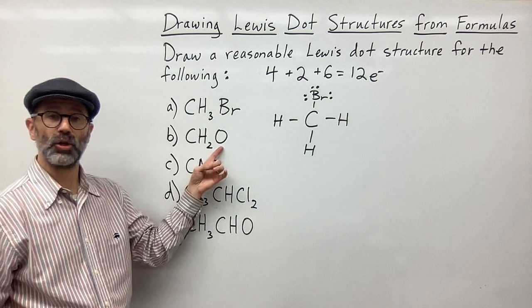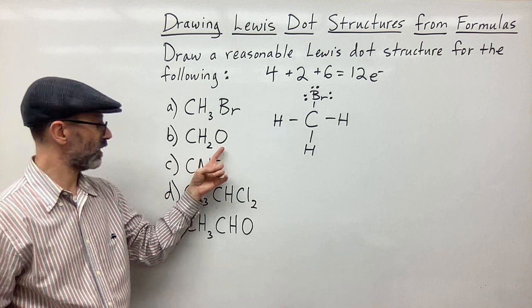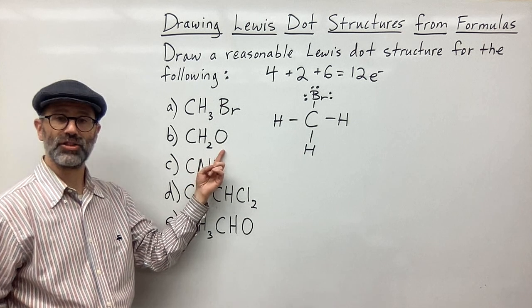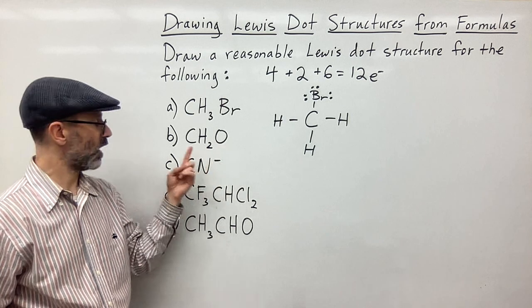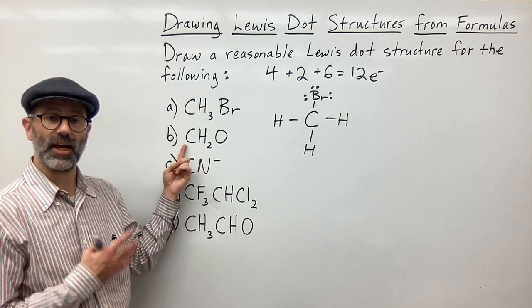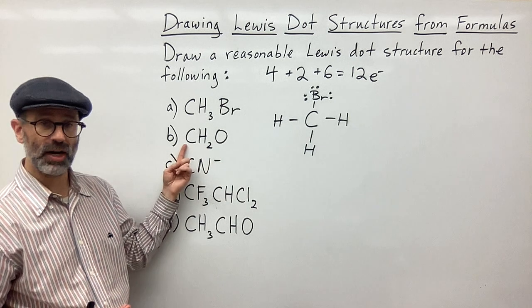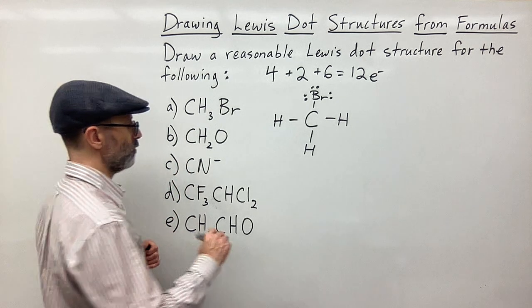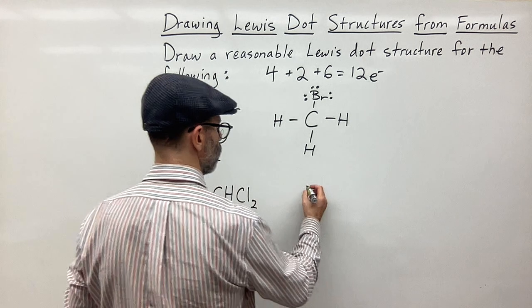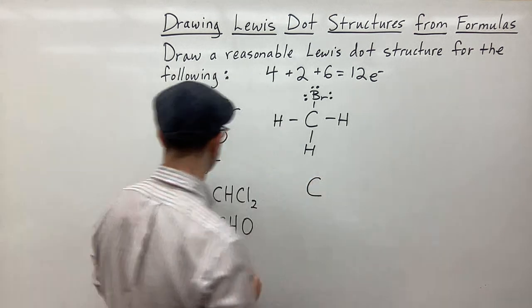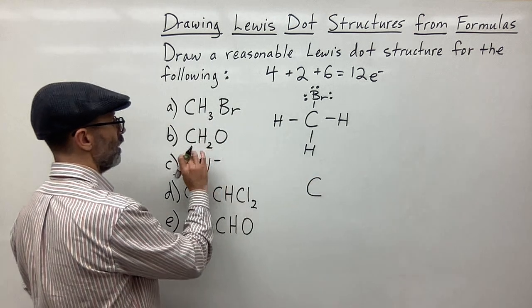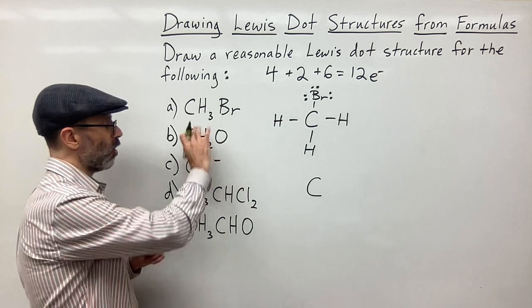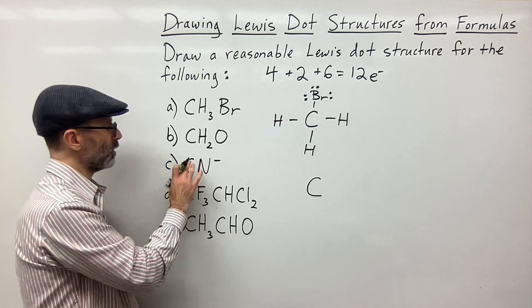Also, if you draw the Lewis symbol of each element, you'll find that oxygen has only 2 unpaired electrons, whereas before, we saw that carbon has 4 unpaired electrons. So lots of different ways to figure out what your central atom is. So your central atom for this one is carbon. So carbon, and we're going to bond the hydrogen to the carbon. Now in this case, all of the atoms are bonded to the carbon.